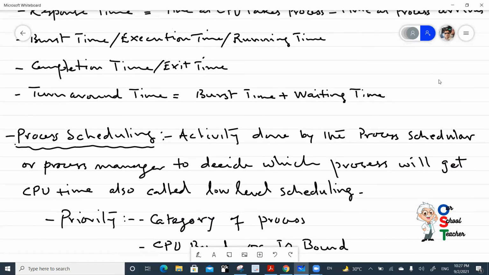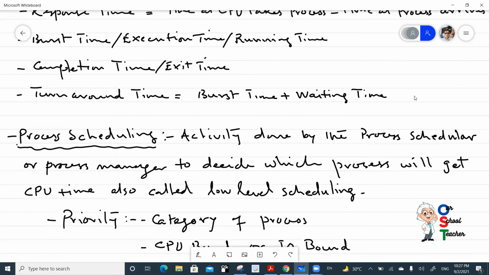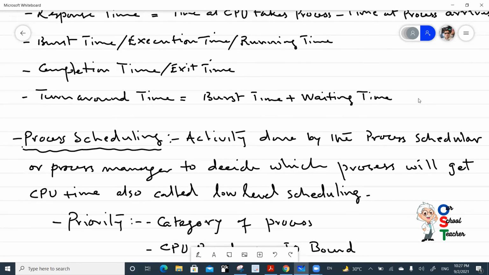Now come to process scheduling. Process scheduling is the way through which a number of processes existing in the memory are handled, and the method through which a process is given CPU time, that procedure, that algorithm, is called process scheduling. There might be a number of factors which are considered when a process is considered for CPU time.